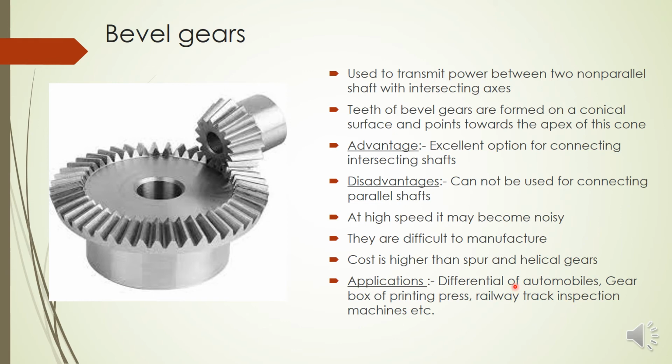So the speed of the outer wheel and inner wheel has to be different. That is done by a differential gear, which is made of a bevel gear. Similarly, railway track inspection machines, gearboxes, printing presses, etc. use this bevel gear. But the main application is the differential gear of an automobile.